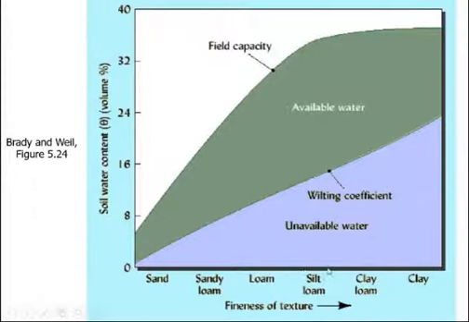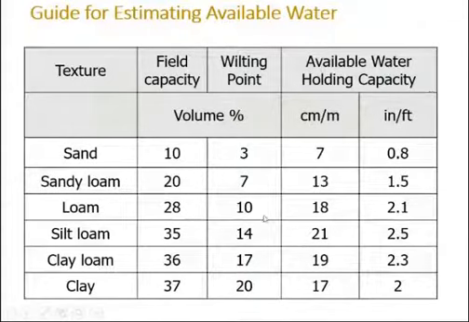But if we go to a silt loam, it has the maximum available water content. And if you go to clay, again, it reduces. The available water content is the water between the wilting point and the field capacity.